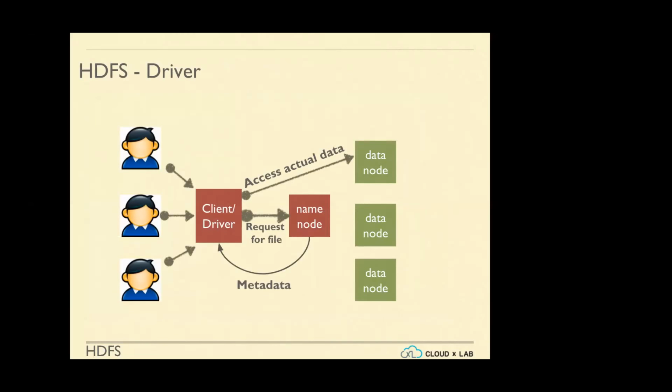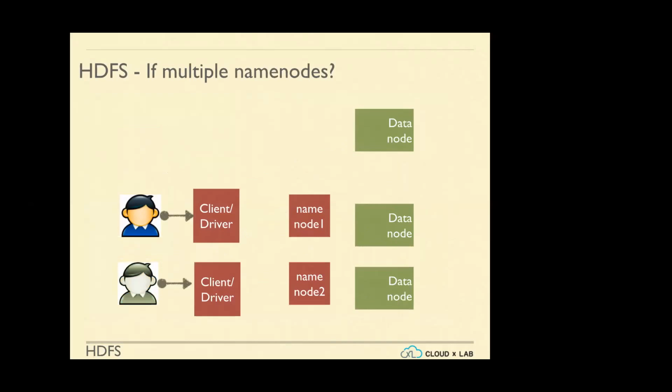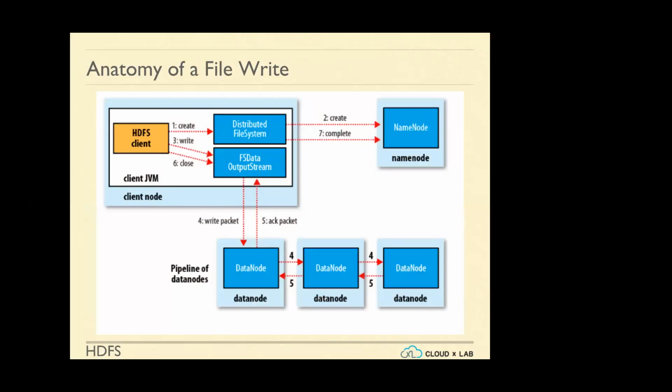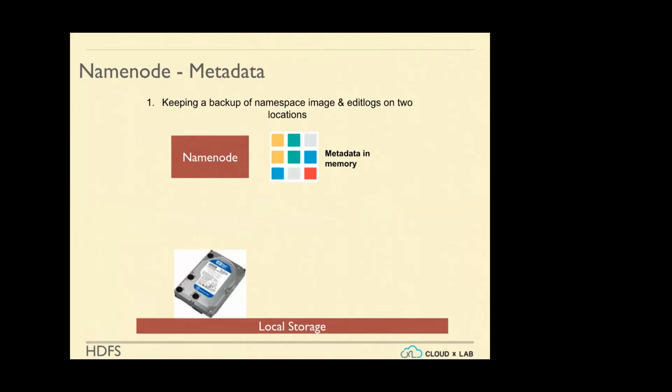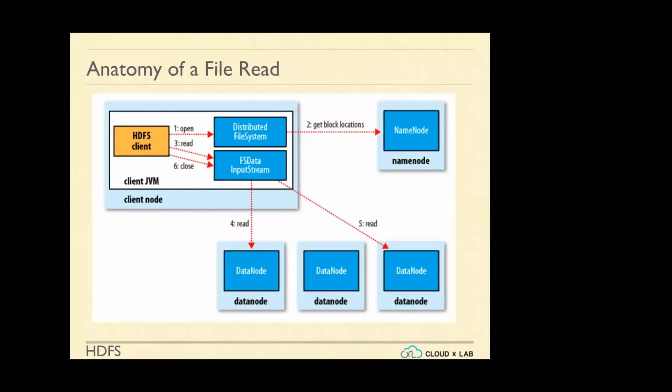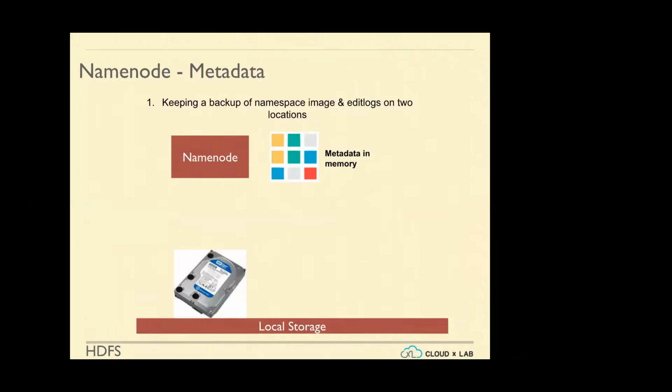Driver is the program, the command. In case we have multiple name nodes, there will be collisions, and therefore we will never have multiple name nodes. We talked about reading and writing. The gist was that the first call goes to the name node for getting the information, the metadata, and the rest, reading or writing, happens directly on the data node.